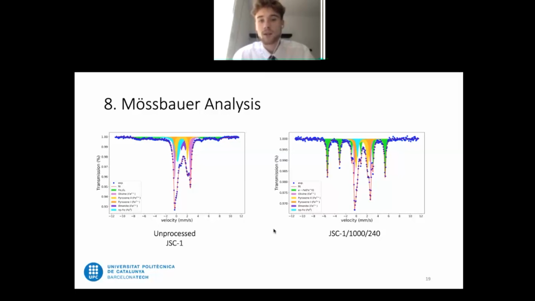By implementing further analysis, the quantification of the metallic iron content will become more accurate, and we'll be able to analyze the other samples as well.